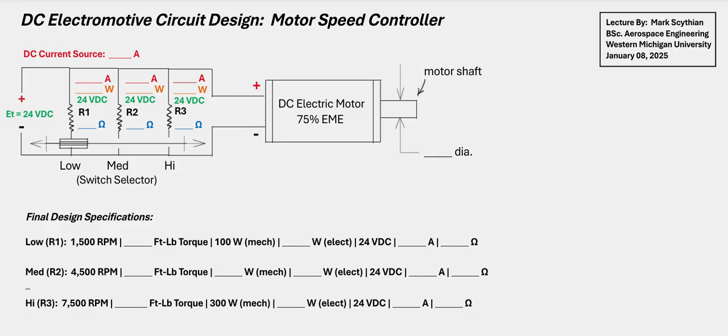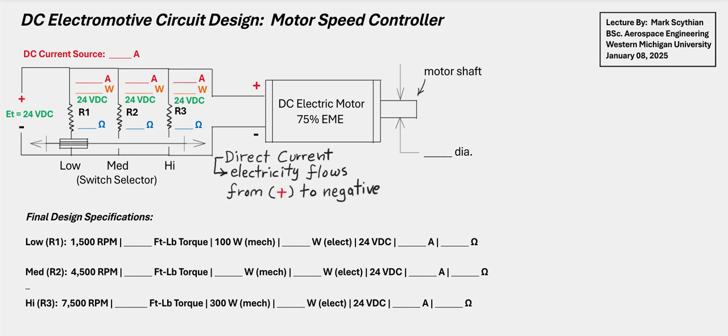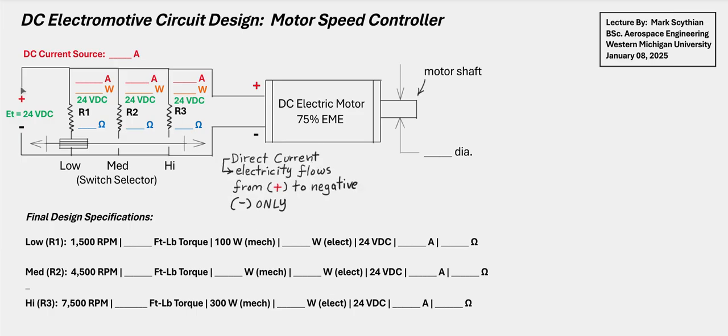So we can start by identifying that in direct current, the electrical flow is always only from positive to negative. When you look at a circuit, you always start from the positive current source and you trace the electrical flow as such.